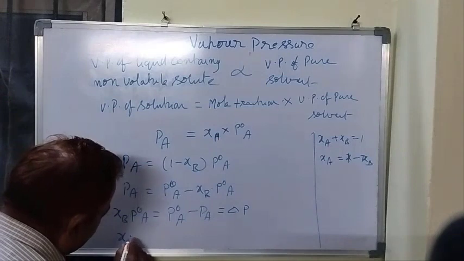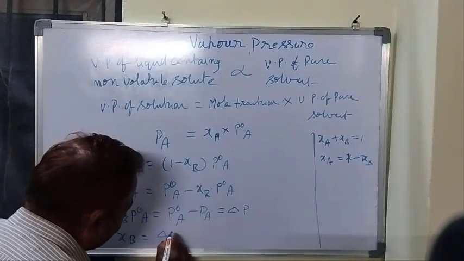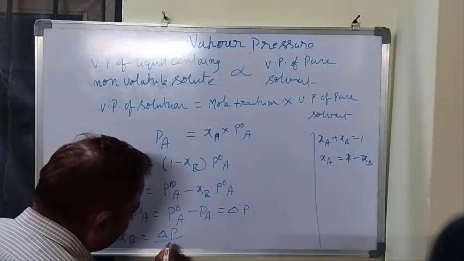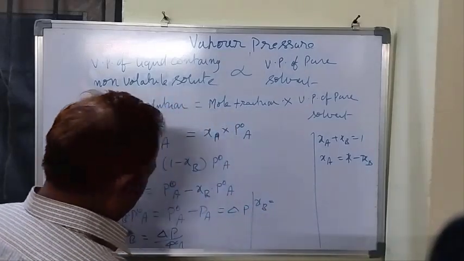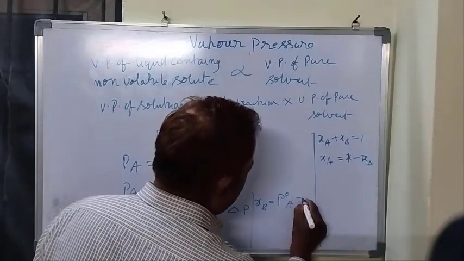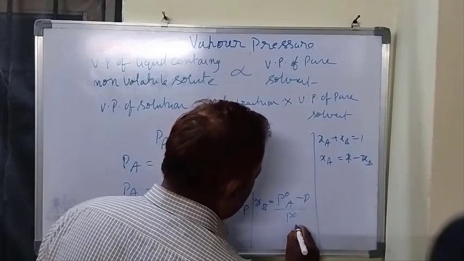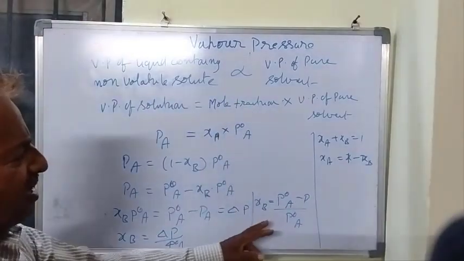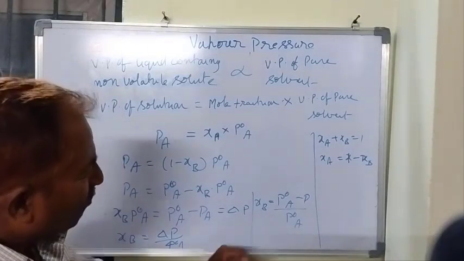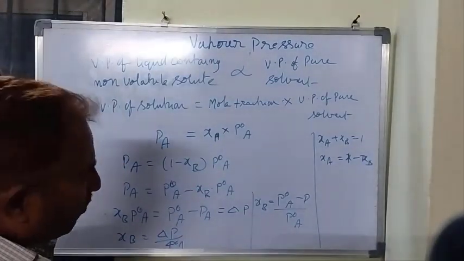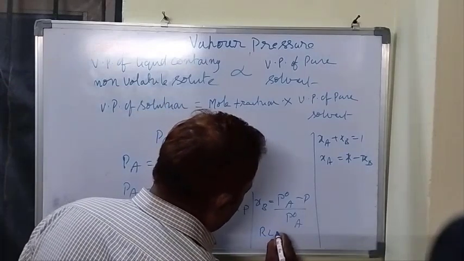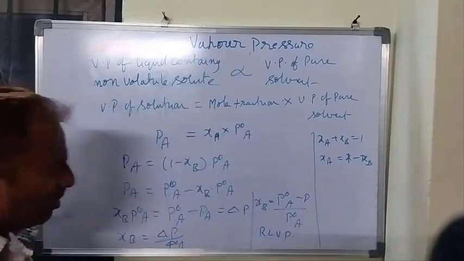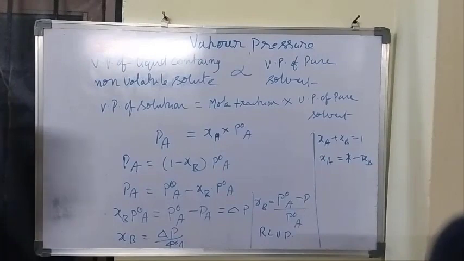Now XB equals delta P by P0A. That means XB is equal to P0A minus PA by P0A. So what is this? This is the ratio between lowering of vapor pressure and the vapor pressure of a pure liquid. Therefore, this is referred to as relative lowering of vapor pressure, RLVP.